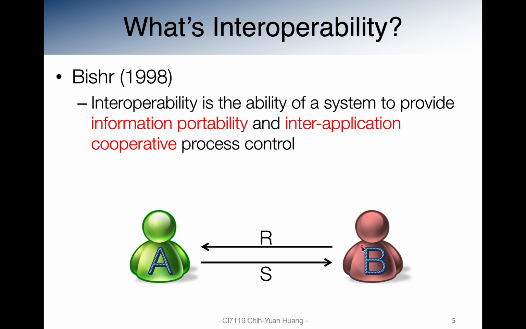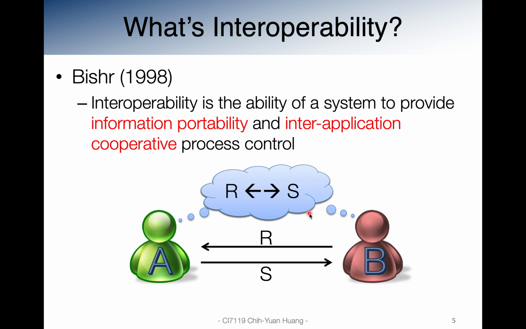The reason that system A and system B can transmit information, or can understand each other, is because inside their knowledge, this request corresponds to this response. So basically, it's kind of like the communication that we have every day between human beings.